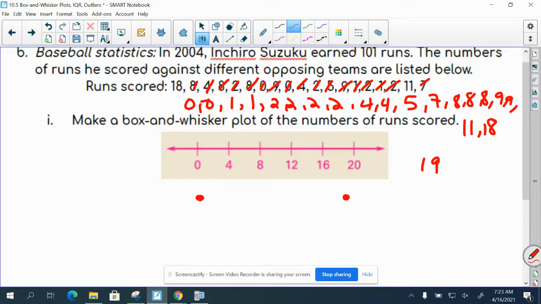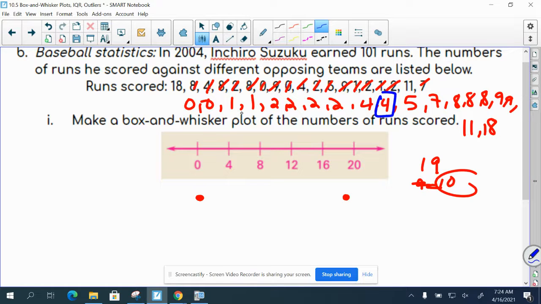If we have 19 numbers, our median will be the 10th data point, since it's an odd number. So 1, 2, 3, 4, 5, 6, 7, 8, 9, 10. So this second 4 is our median.